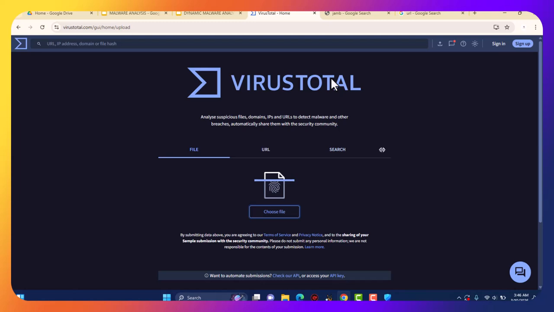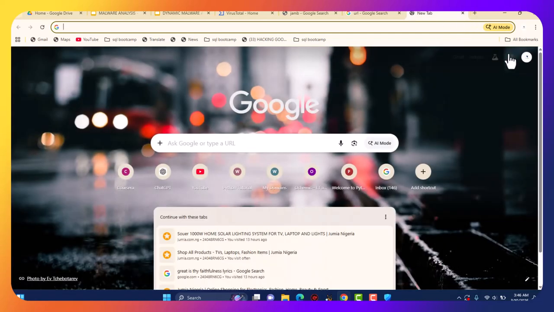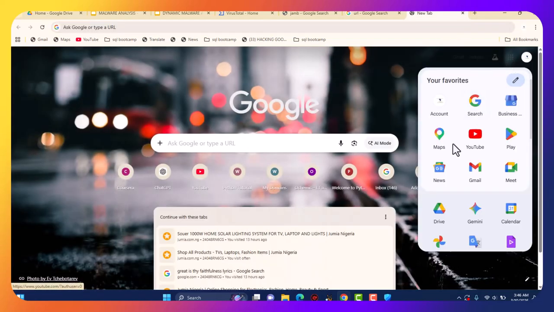So you can see if it contains something. Let me show you. Let me also do it here.